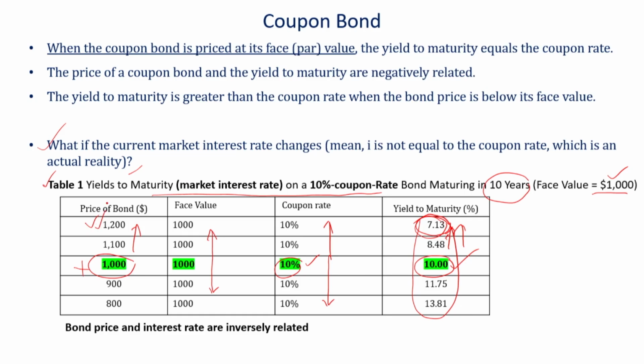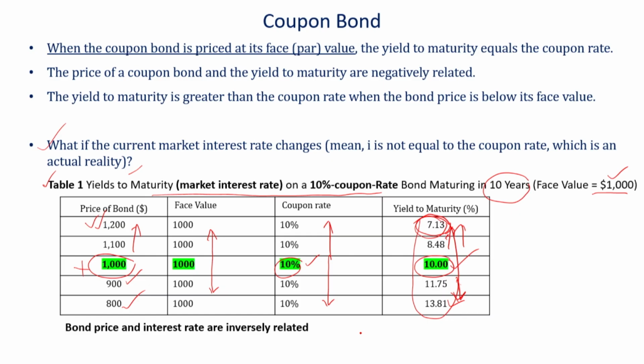1200. But in contrast, when the ongoing market rate of interest is greater than the coupon rate, the bond is paying you only 10%, but the ongoing market rate of interest is 11.75 or 13.81. In that case, the issuer will be getting less than 1000. The buyer will be willing to pay 900 or 800 correspondingly.